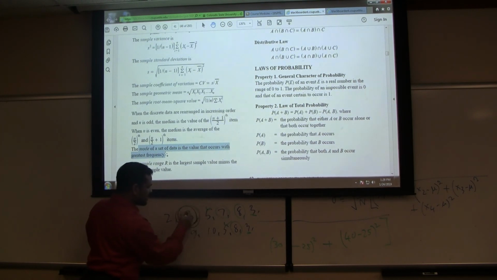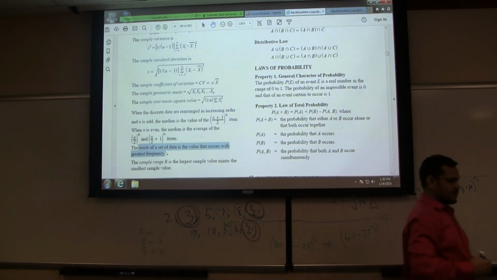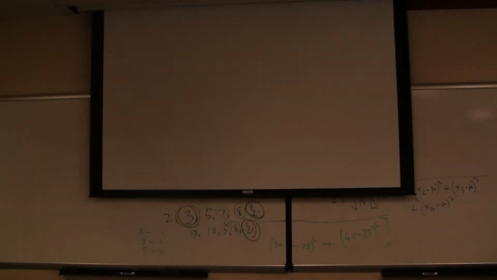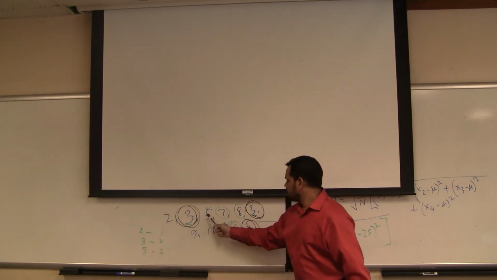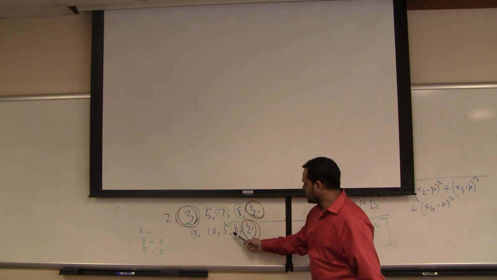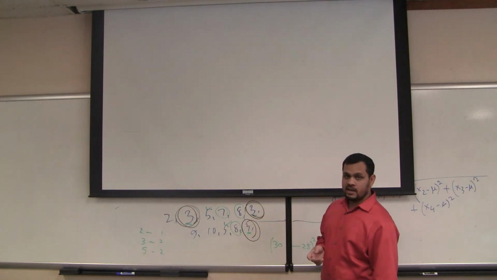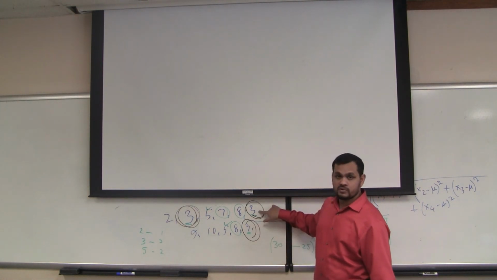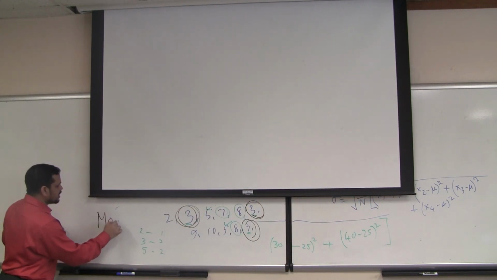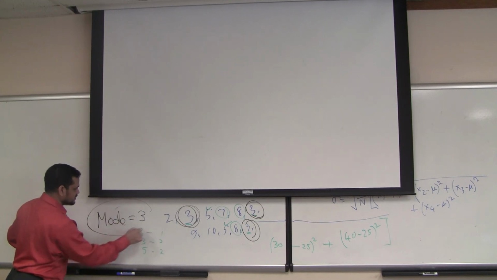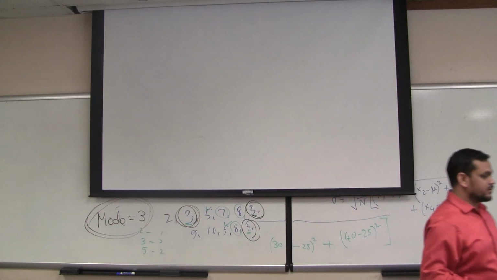One 3 here, another 3 here, another 3 here. Among the data 2, 3, 5, 7, 8, 3, 3, 8, 5, 10, 9, the data 3 is occurring again and again. So it occurred the most. So this is our mode. Our mode is 3.